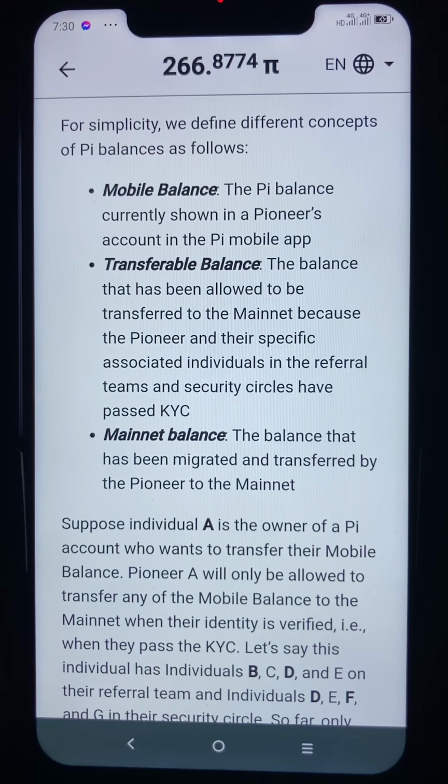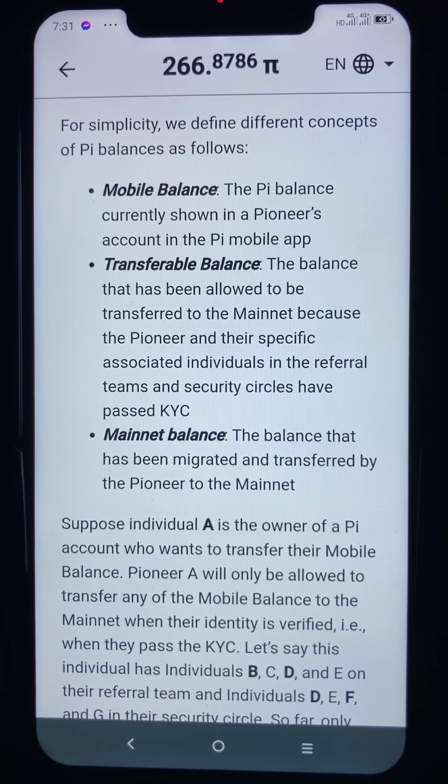So, kung ikaw, sampu ng mga kasama mo sa earning team mo at saka security circle mo na nag-pass na ng KYC, kung ano yung na-share niyo na amount plus yung na-earn mo, lahat yun matatransfer, mapupunta sa transferable balance mo when mainnet arrives, no?